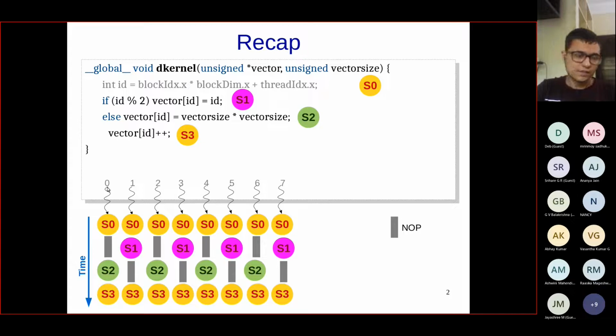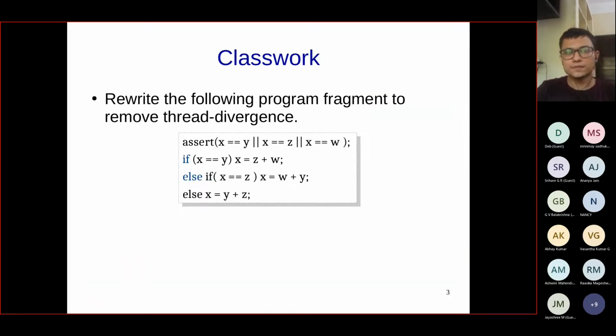For the thread with ID 0, it takes 2 steps, and so on for whatever ID you pick among the warp threads. That is the one point you should note here. Please keep a note of this, and with this we'll move forward with today's lecture.